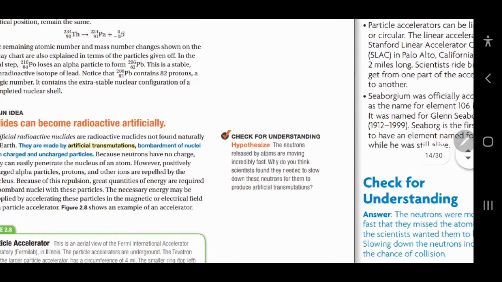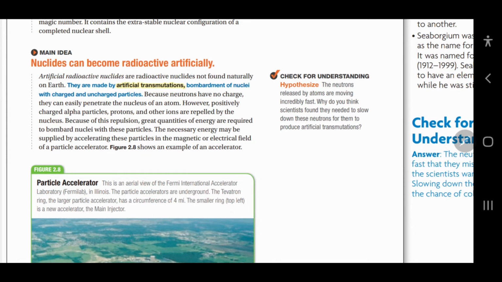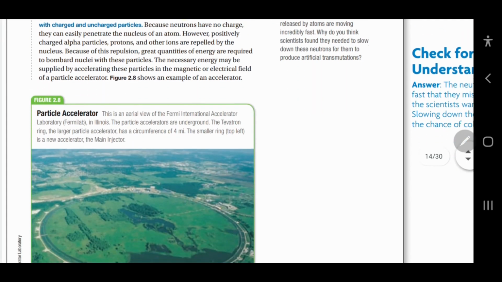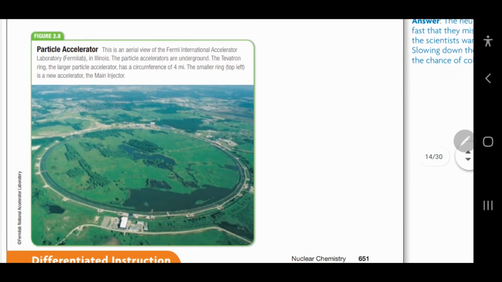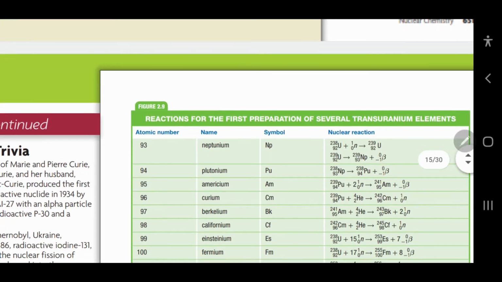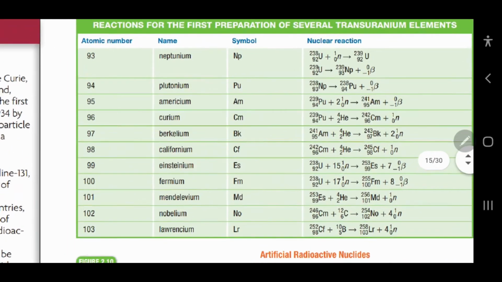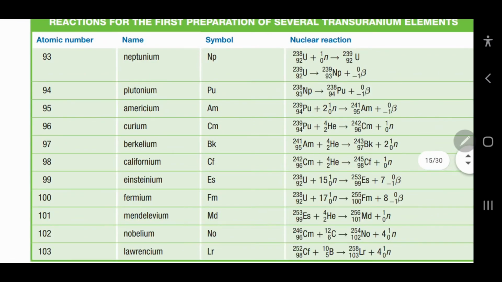And we said that we can make transmutation artificially. It is not only natural transmutation, and this happens by using particle accelerators and bombarding a nuclide with other particles like alpha or beta particles or neutrons. And we will have many other isotopes that could be formed.